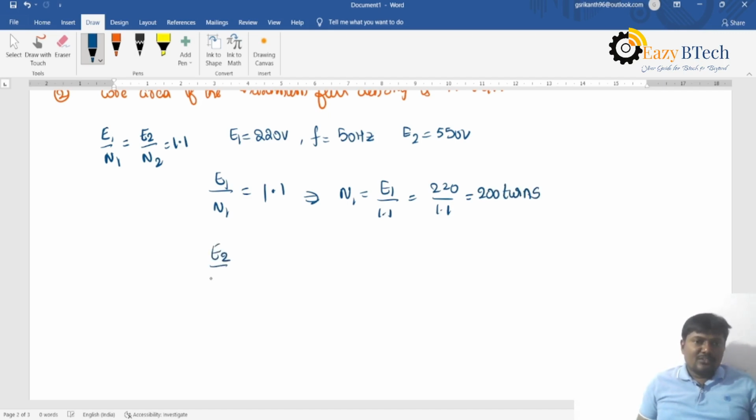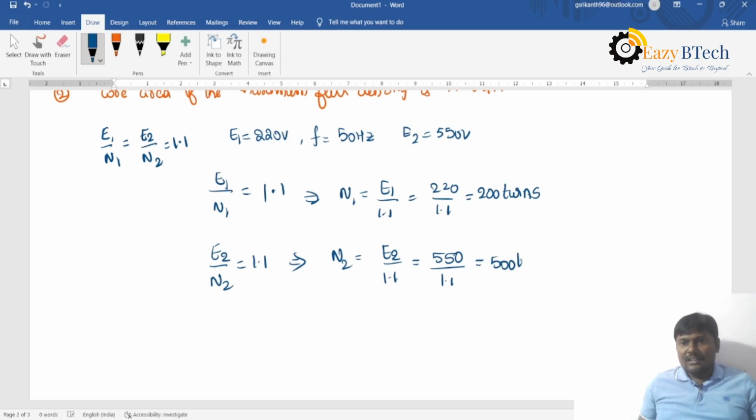E2 by N2 is equal to the same 1.1, because the EMF per turn on both sides of the transformer is same. N2 is equal to E2 by 1.1. The E2 is 550 by 1.1. So 550 divided by 1.1 is 500. Yes, it is 500 turns.